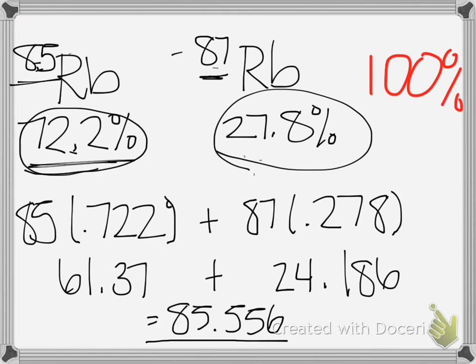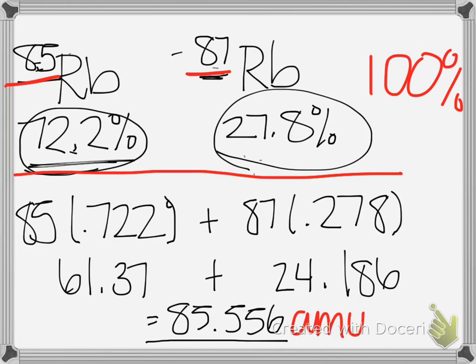So this accounts for all of the rubidium in the problem. So if you're getting a number outside of the range between these two, something went wrong. So make sure that your answer makes sense before you actually submit that. And remember, you also need your units here at the end.